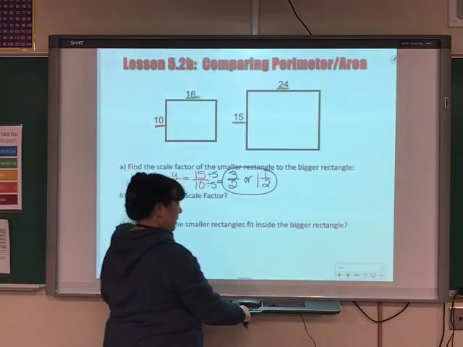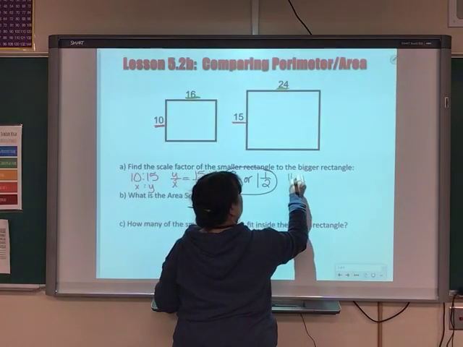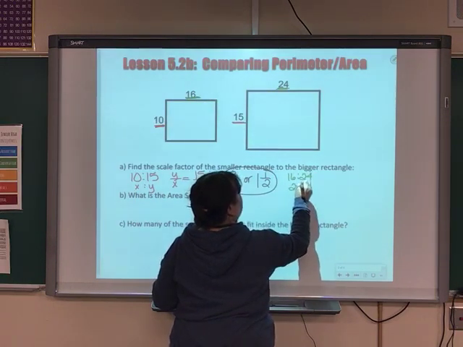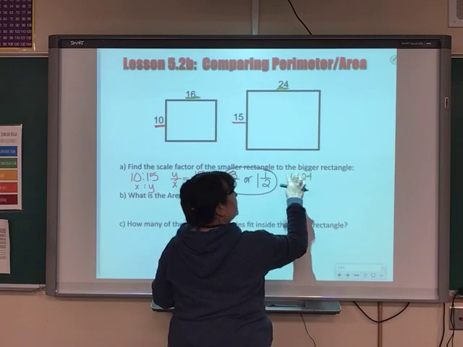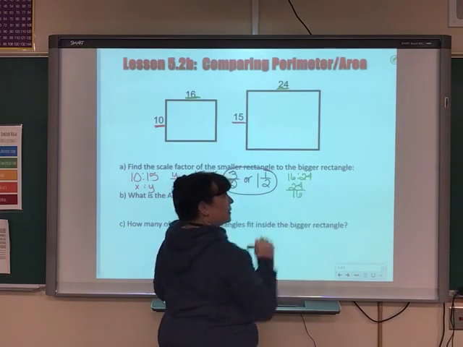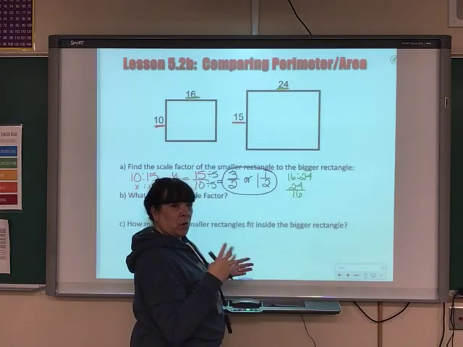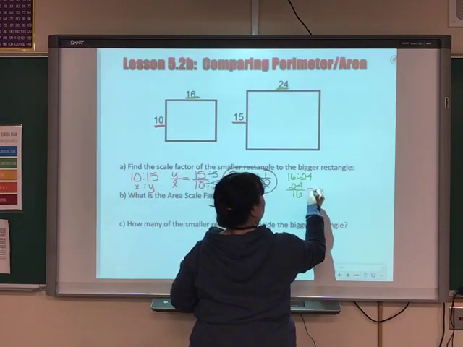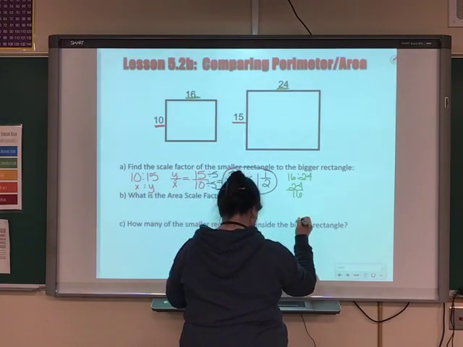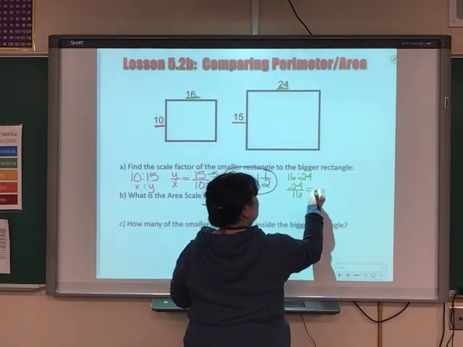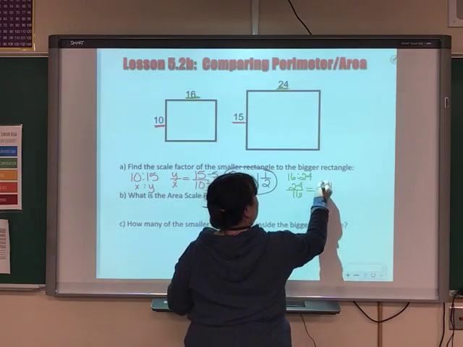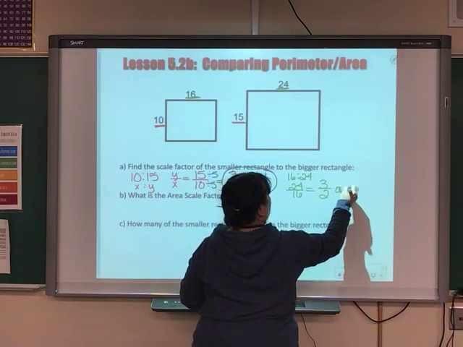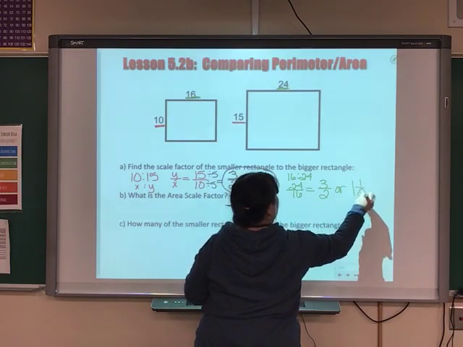Now, if that works for that, it should also work for 16 and 24. If I do 16 is to 24, and I write that as 24 to 16, X is to Y, we do our ratio always Y over X, and we notice something interesting, I hope, here, that they're both divisible by 8, which also is 3 to 2, or 1.5.